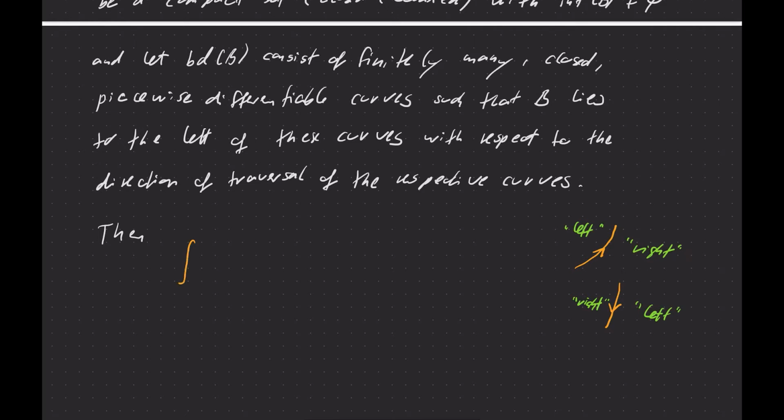So the line integral along the border of B over the vector field V(x) ds is the same as the volume integral over the domain B of the following scalar field.